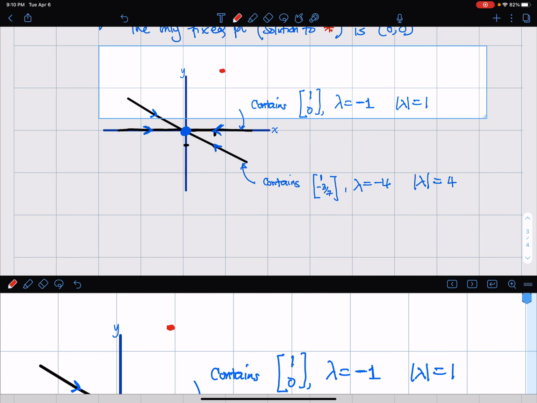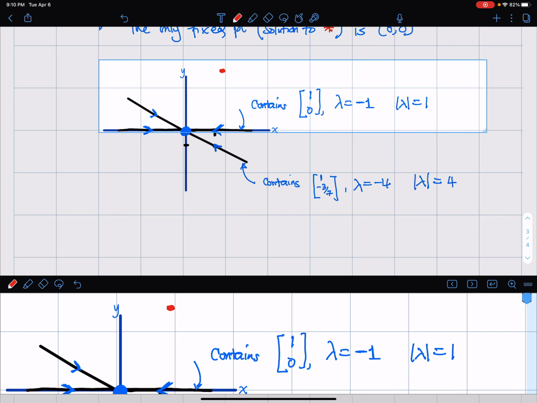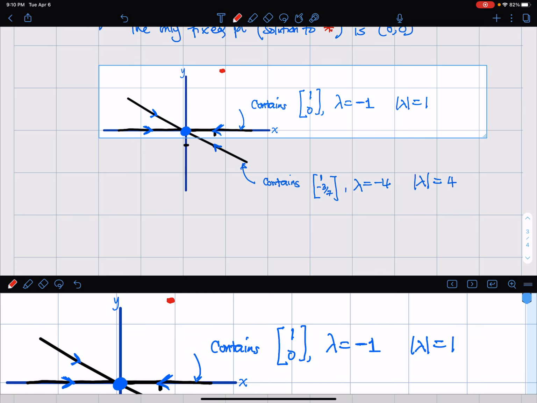What do I mean? So I have this point over here. If I start out at this point, I'm going to start out being parallel to this eigenvector.